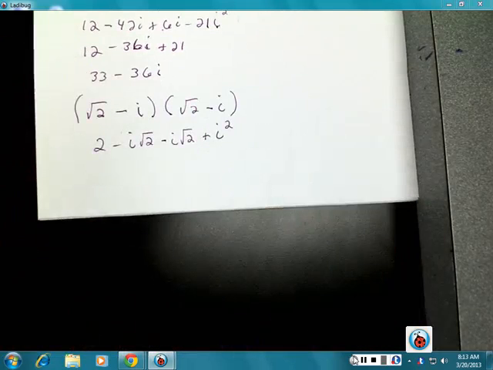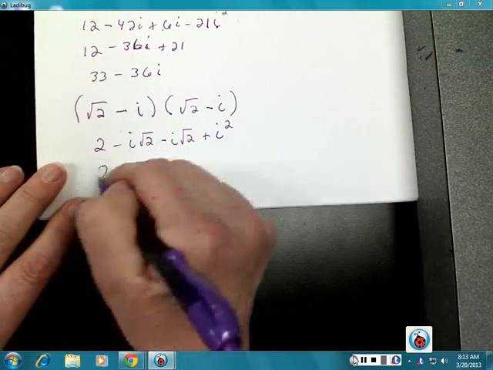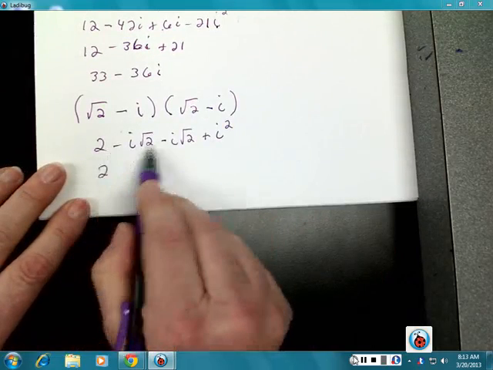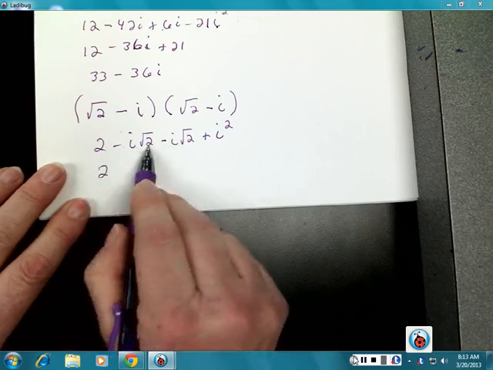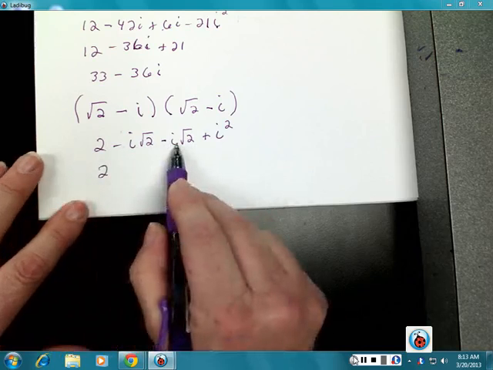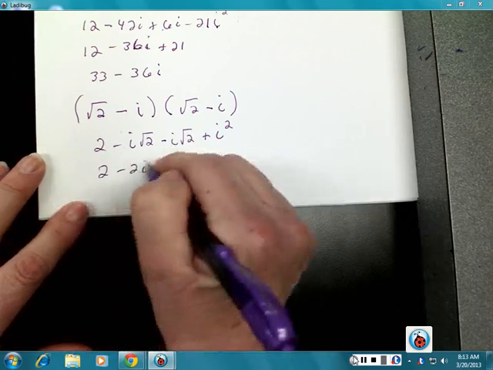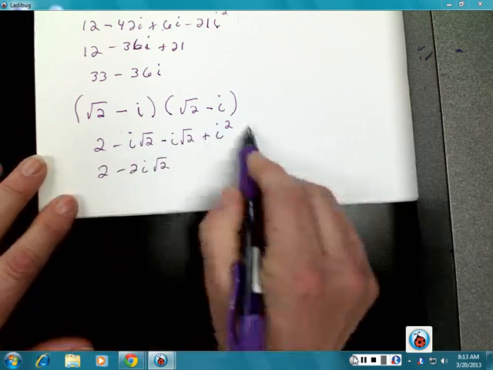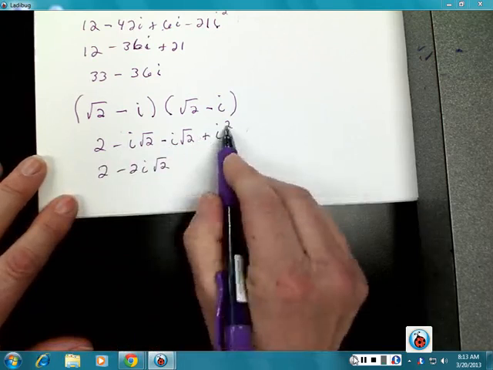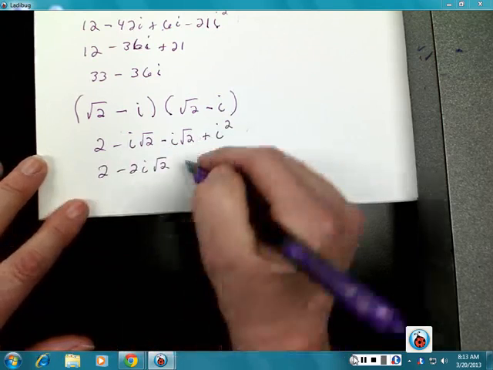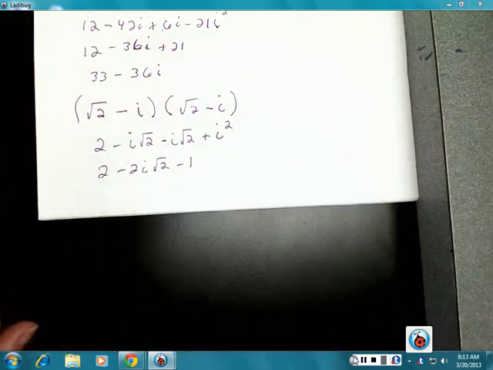So when I have all that, what happens? Well, 2, negative 1I square root of 2, and another negative 1I square root of 2 is a negative 2I square root of 2. The I squared at the tail end leaves me with a negative 1.